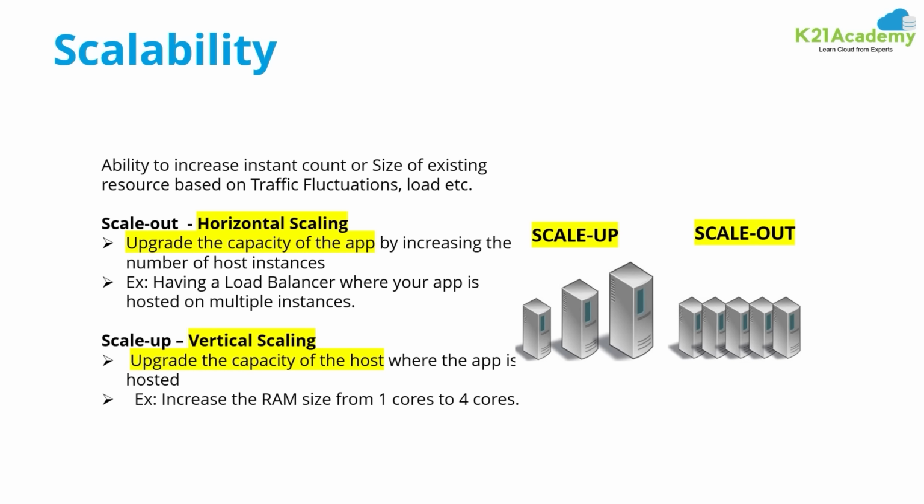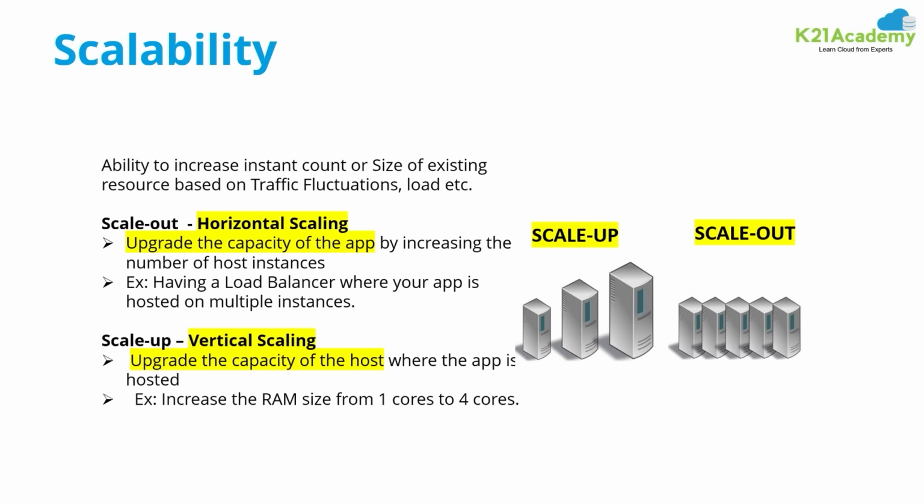Like suppose say I want T2 2x large. Apply. So see now my machine is T2 2x large. Now T2 2x large means 8 cores of processor, 32 GB of RAM. If I start the machine, it will be started with this size.